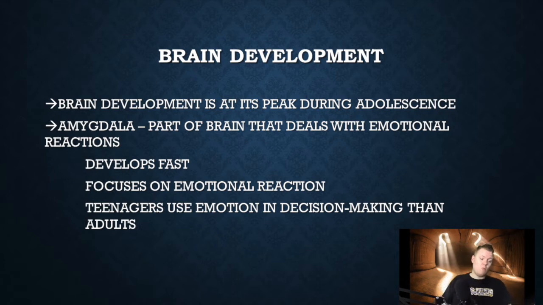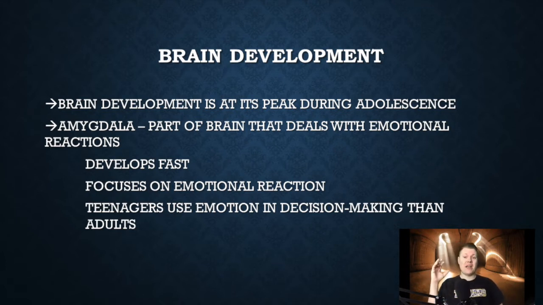One of the major areas of the brain that develops is called the amygdala. This is the part of the brain that is responsible for emotional reactions. It develops fast, and it's one of the first parts to develop within the brain. We did a sub-assignment a while back where you watched the videos about how the brain develops.